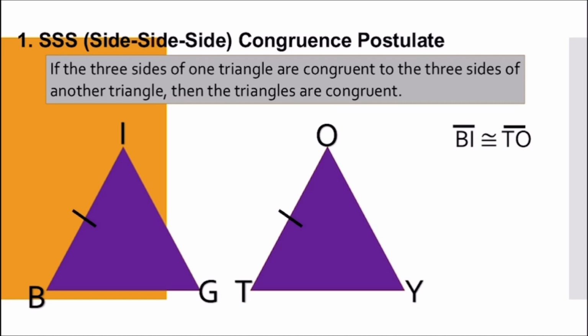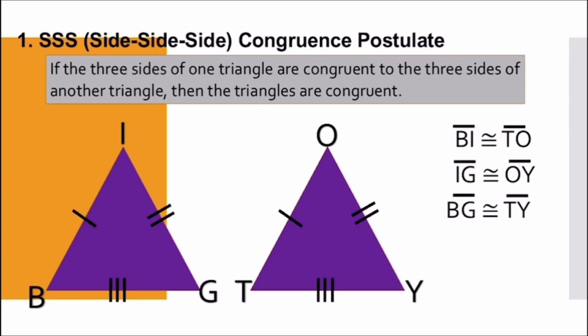Our first congruent side: line segment BI is congruent to line segment TO. Next, line segment IG is congruent to line segment OY, our second pair of congruent sides. And line segment BG is congruent to line segment TY, our last pair of congruent sides.